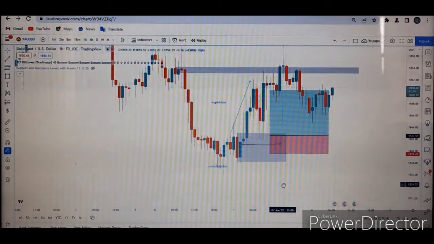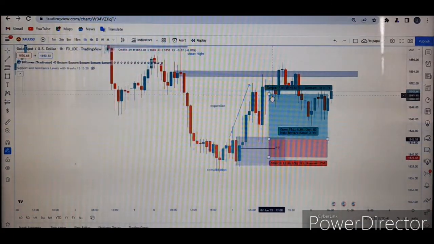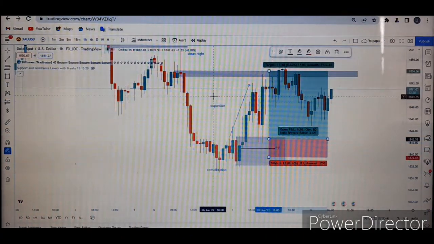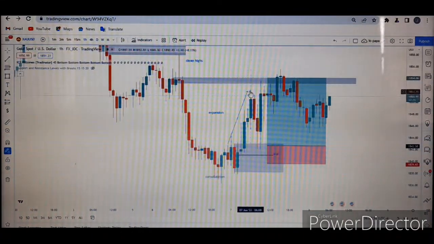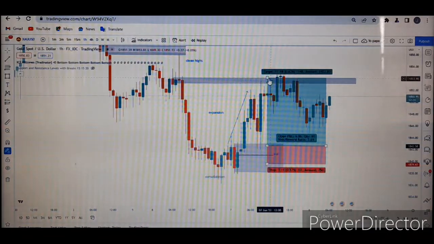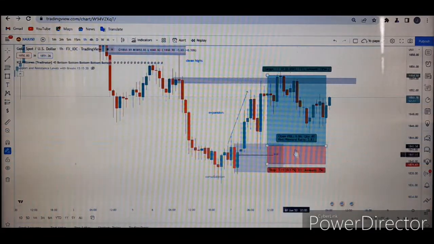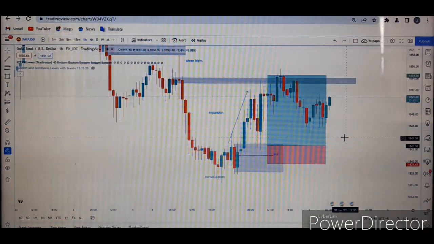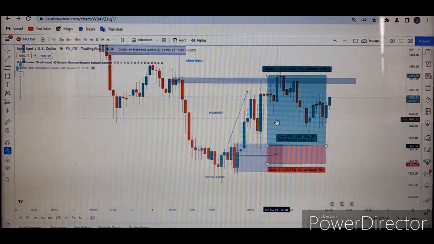Sorry for that, excuse me. So you can see, and now you'll be targeting this high that was not taken out. You see, so now this is more than 1:3. It's actually 1:4.